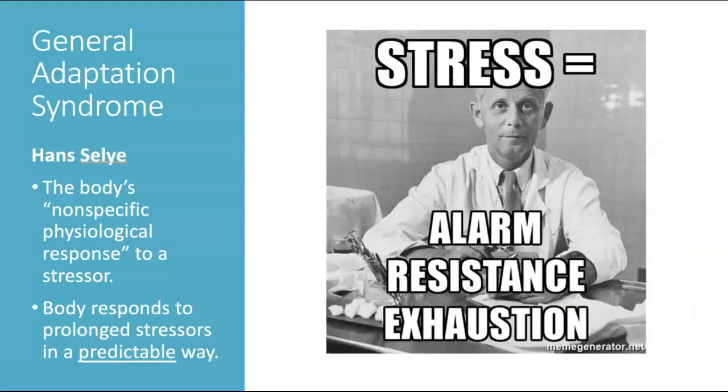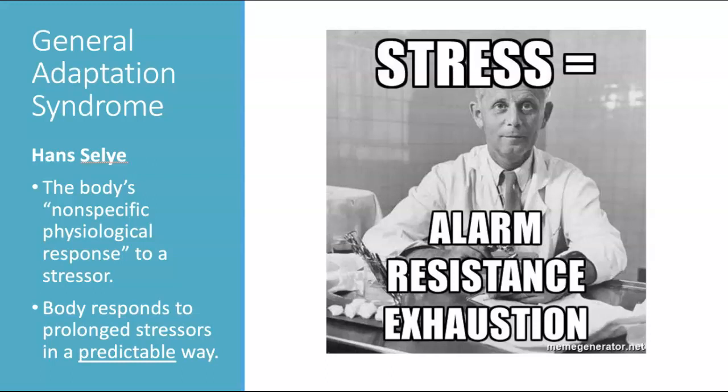So another theory of stress that we need to look at is the general adaptation syndrome proposed by Hans Selye. I believe I'm pronouncing that right. Basically, Selye noticed that prolonged exposure to stressors caused rats to show certain physiological responses, things like adrenal enlargement and stomach ulcers.